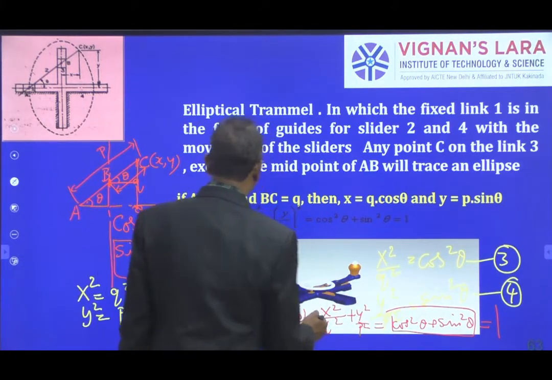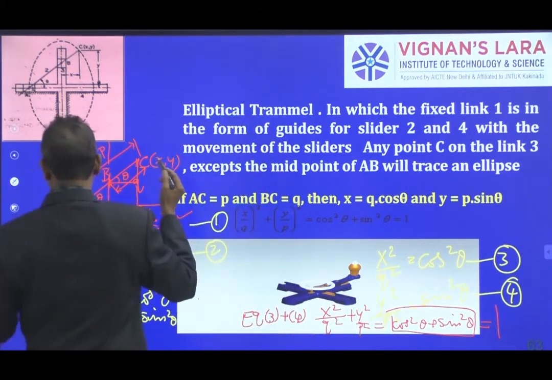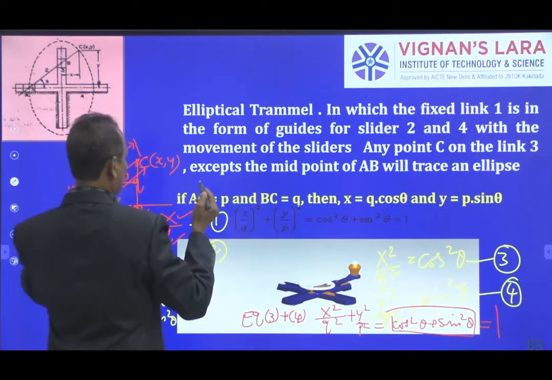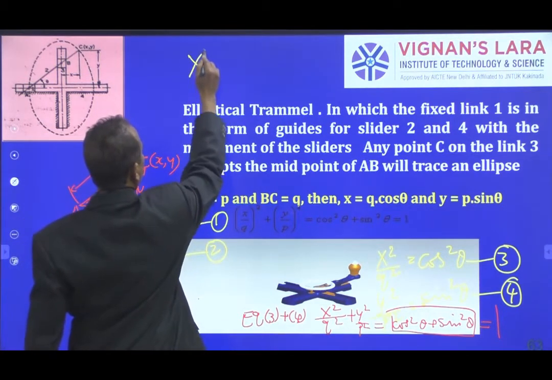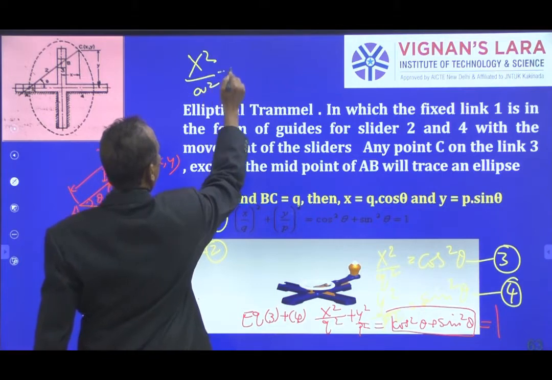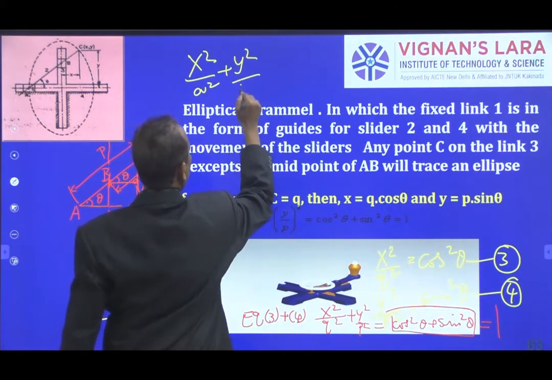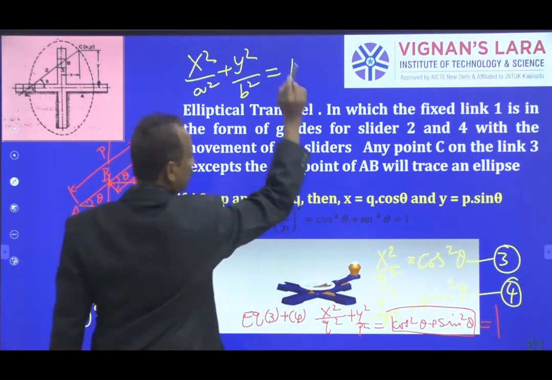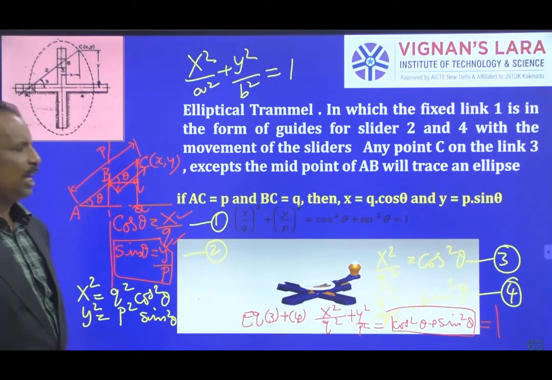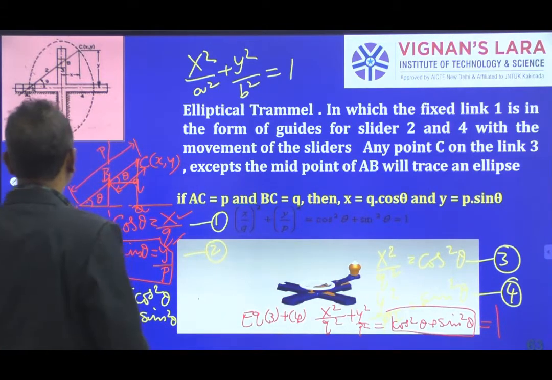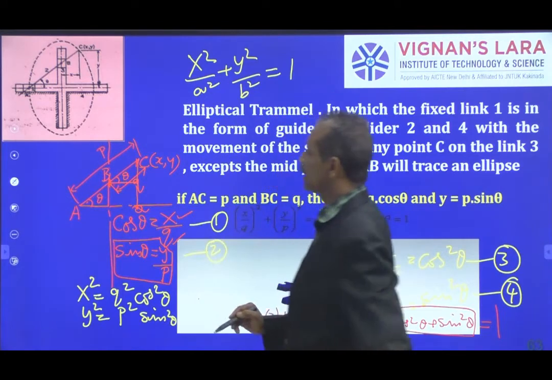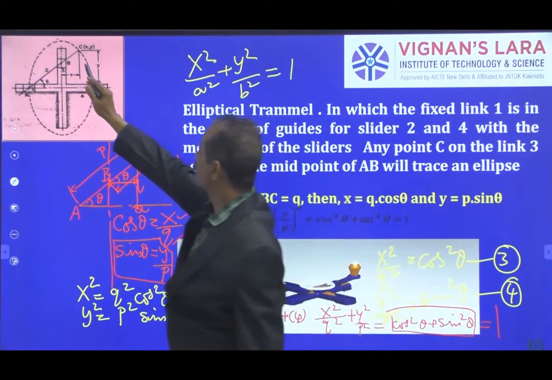Recall your mathematics, we write the equation for an ellipse as x square by a square plus y square by b square is equal to 1. That means this traces an ellipse.